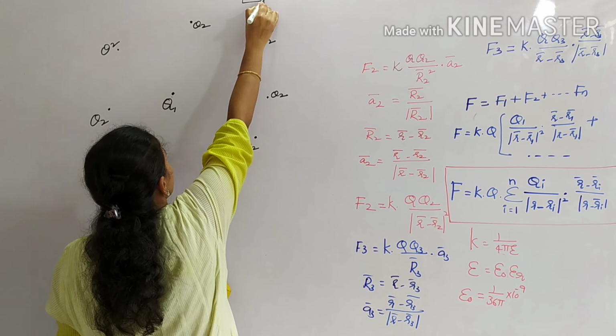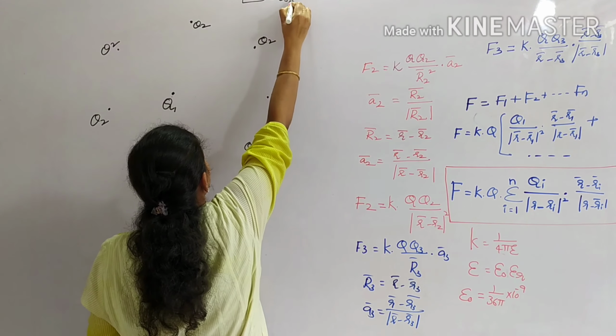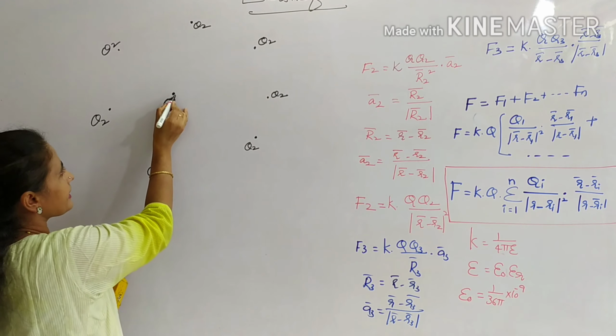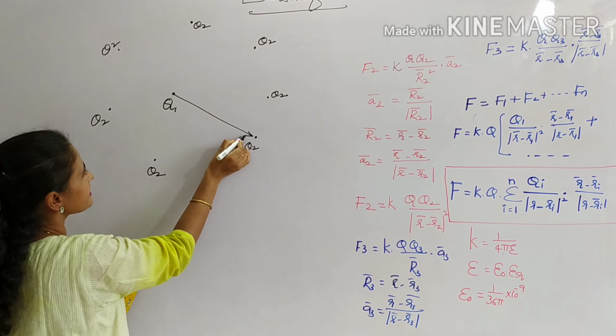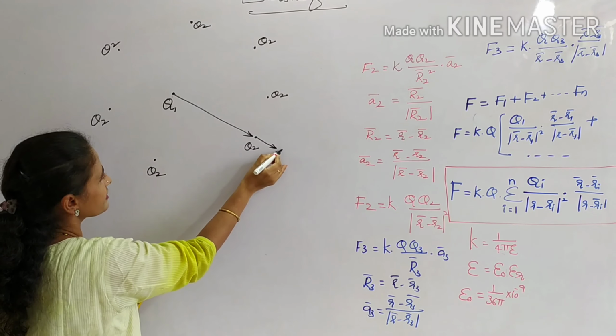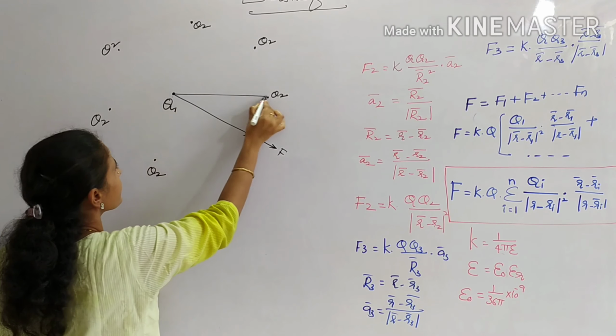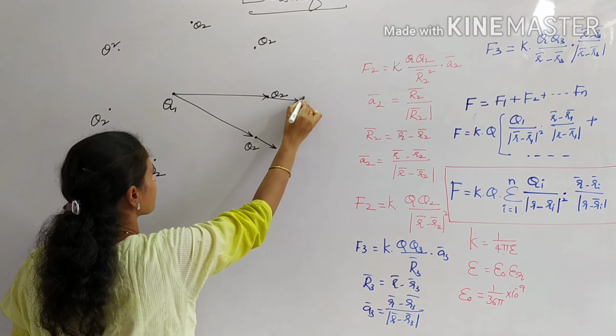So what are we discussing about? We are discussing electric field, right? At every point here, it is exerting some force. Here also it is showing some force in this direction.